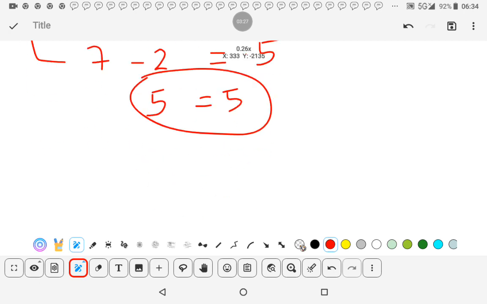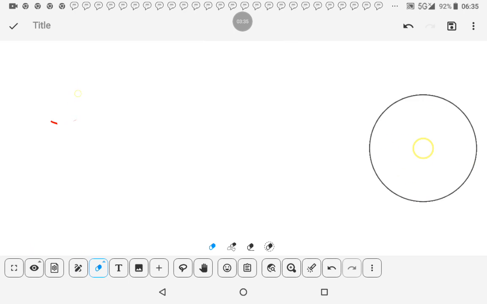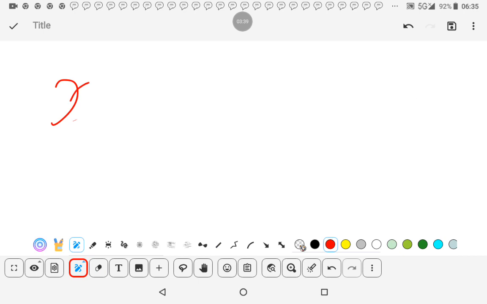So again, what if you have x plus 3 is equal to 15? Basically this is telling you that x plus 3 will give you 15. So again, how do you solve it?